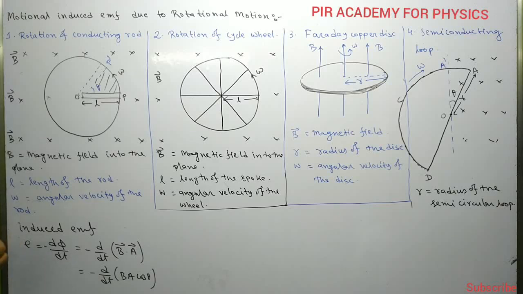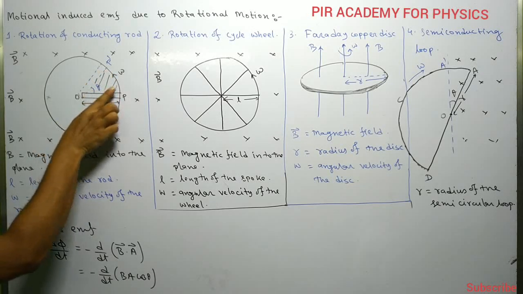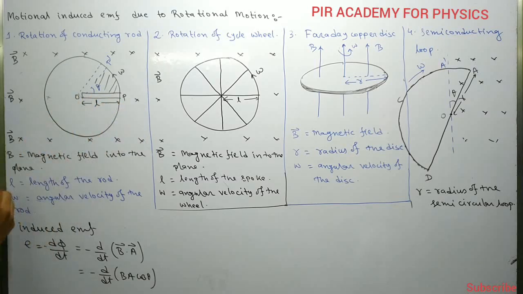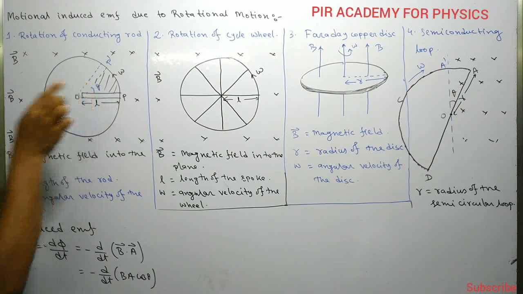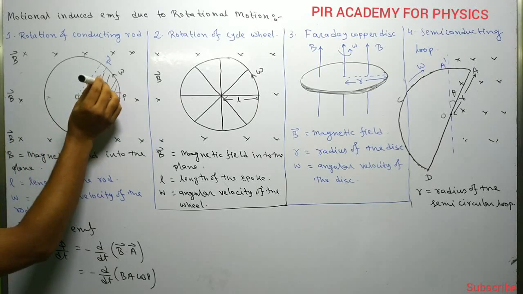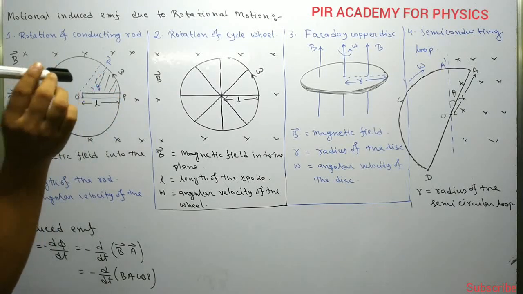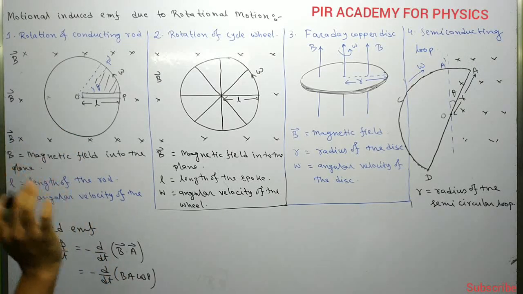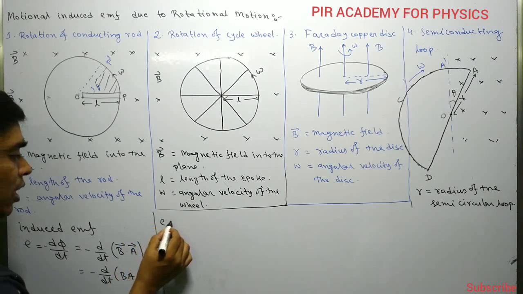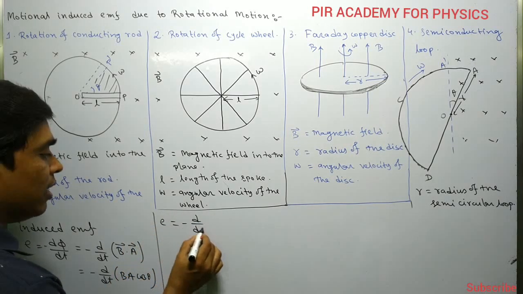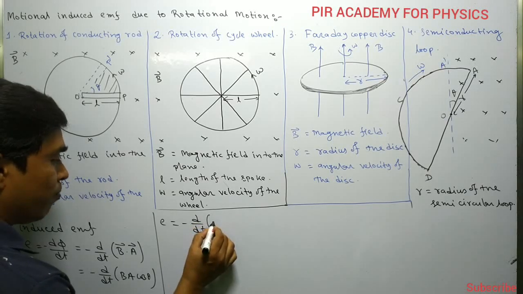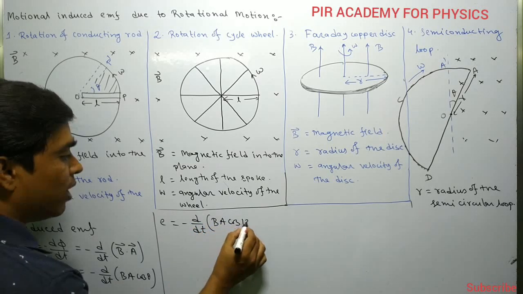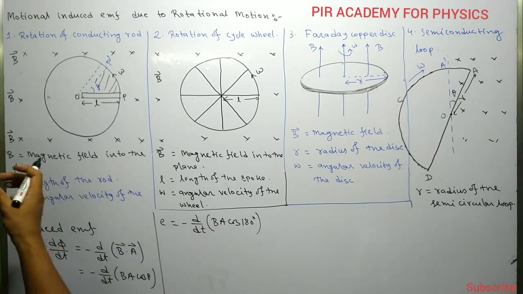What is the direction of the area vector? This is the area swept by this conducting rod. Then the area vector is always perpendicular to this surface. This is the direction of the area vector, and the magnetic field is along this direction. That means the angle between the magnetic field and the area vector is 180 degrees. Then E equals minus d by dt of B A cos 180 degrees. Cos 180 degrees means minus 1.